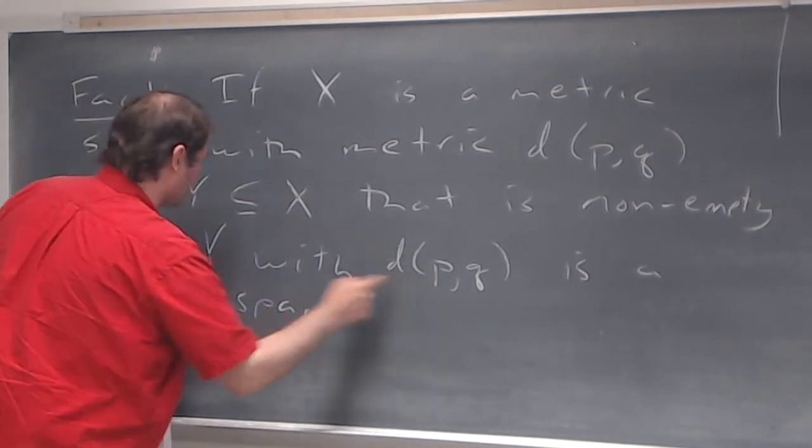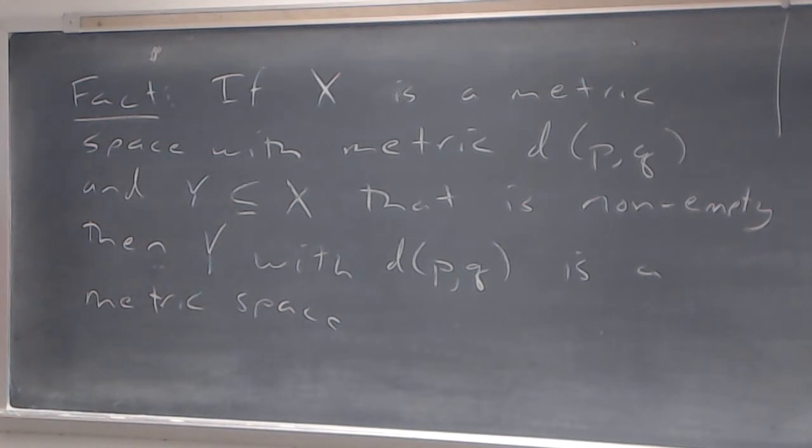That is, we're restricting the metric to just the elements of Y, and with that restriction, Y with that metric becomes a metric space.